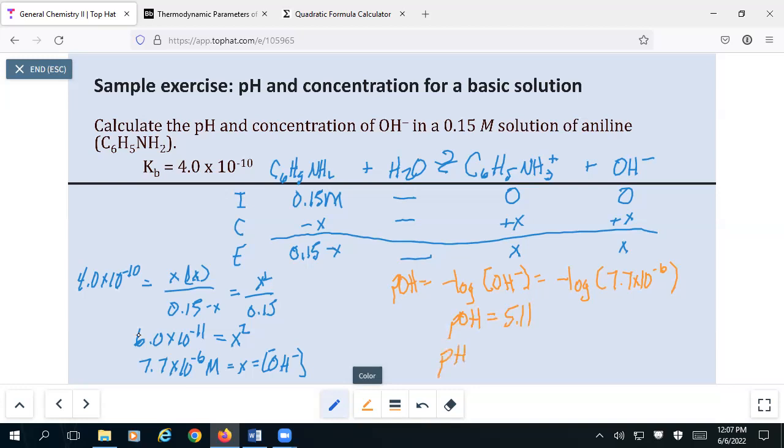The pH would be equal to 14 minus that, which would be 8.89. So this is pretty much the same kind of problem that we saw with the previous examples with the acids, only we've got that one extra conversion to make.